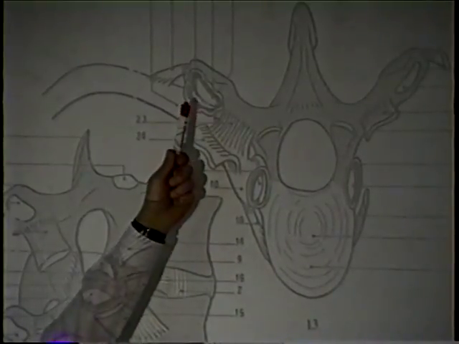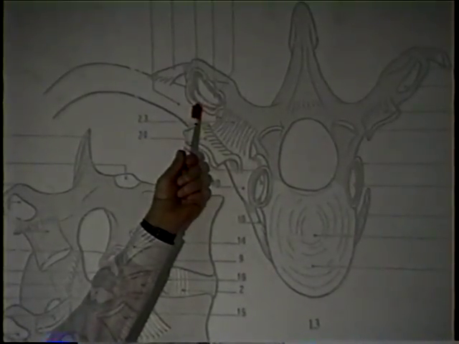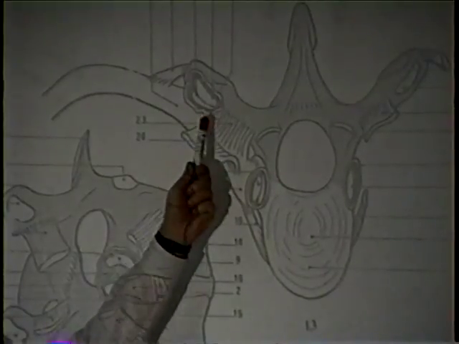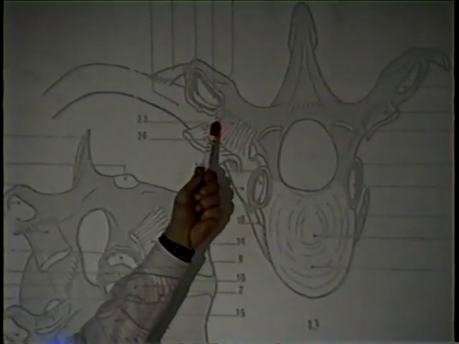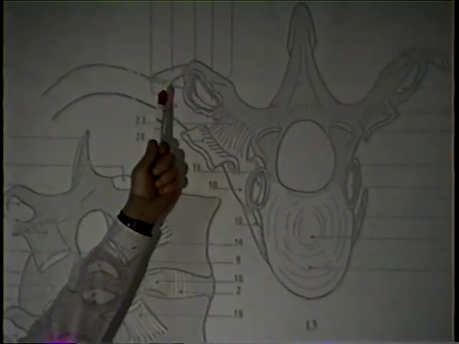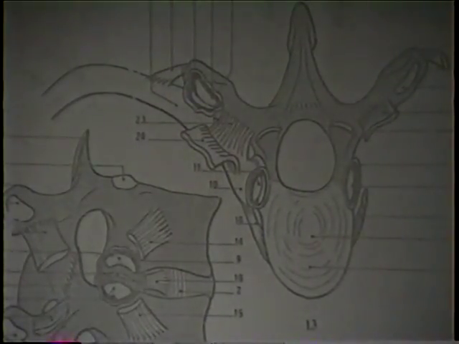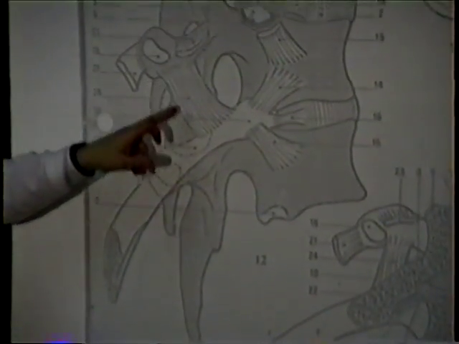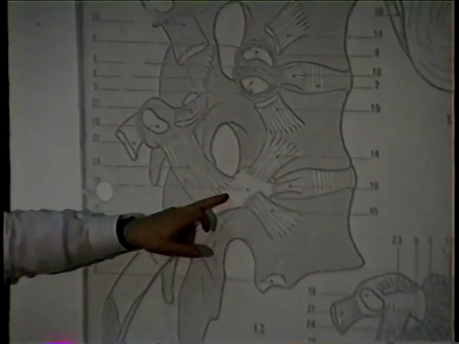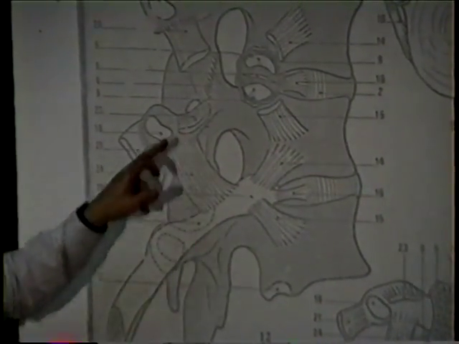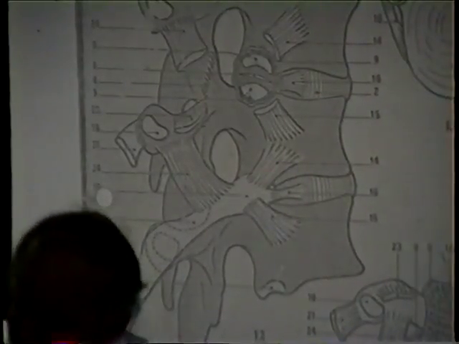Then we've got the capsule of the costotransverse joint. Then we have got a lateral ligament, which we can see here. And then if we come down to the diagram here, we can see that there is a fairly strong ligament that goes from the neck to the transverse process above. That's got to be an enormously complicated and involved ligamentous structure.